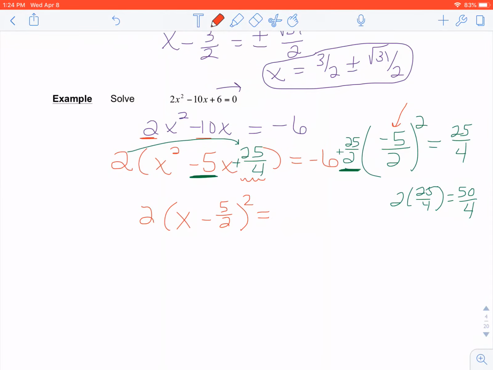On the other side, we have a negative 6. That negative 6 is over 2, so that means it's a negative 12. And when we add that with 25, we get 13 over 2. So common denominator, negative 6 is really negative 12 halves, adding that to 25 over 2. So again, this part here, that's completing the square.